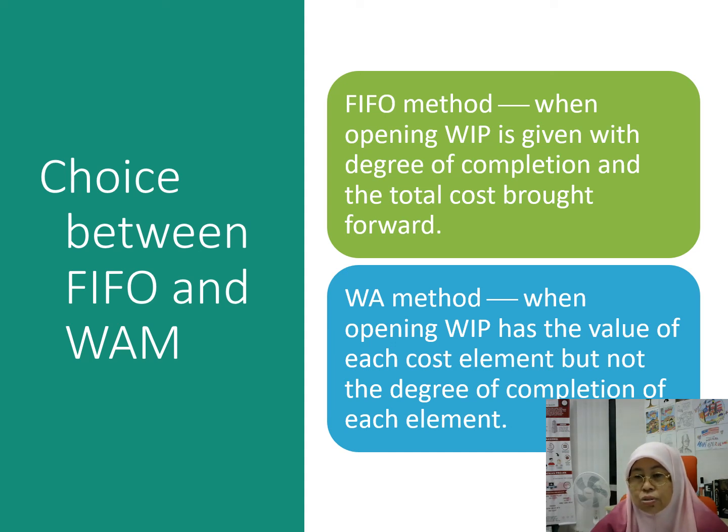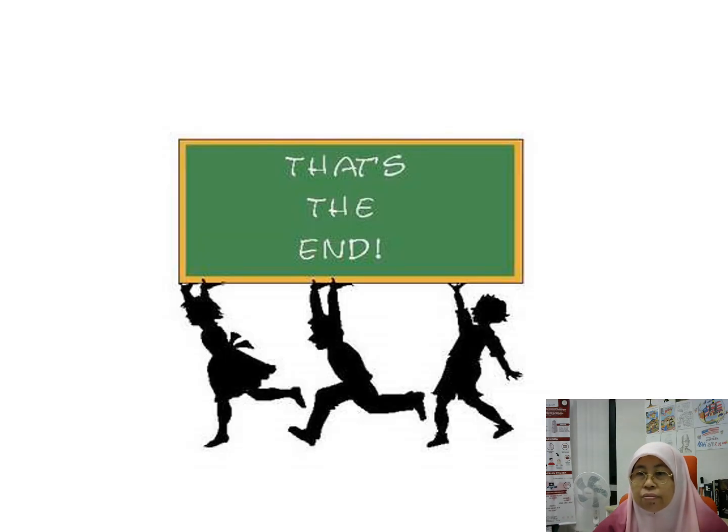In that case, use the weighted average method. If we know the degree of completion and the opening work in progress is given with the costs brought forward for the PPC, direct material, and conversion cost, then it is better to use the first in, first out method.